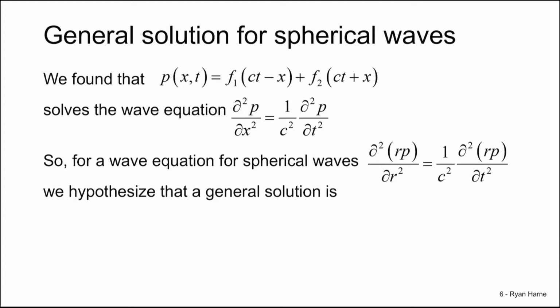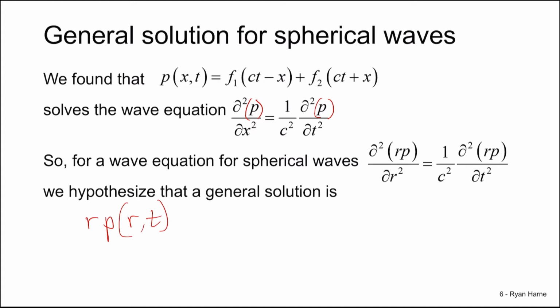In fact, there is, and we can make a good hypothesis about this. We can hypothesize that a general solution to the spherical wave equation is just like this general solution to the wave equation in only x and t, but now instead of the function on the left being p, the function on the left will be r times p, just in the same way that we originally only had p here in the acoustic wave equation in one dimension x and then in t.